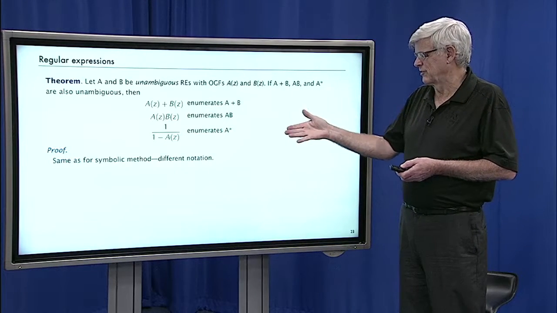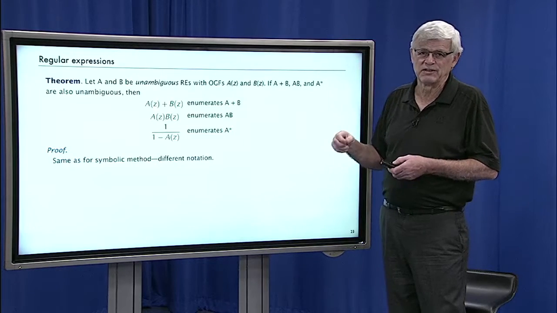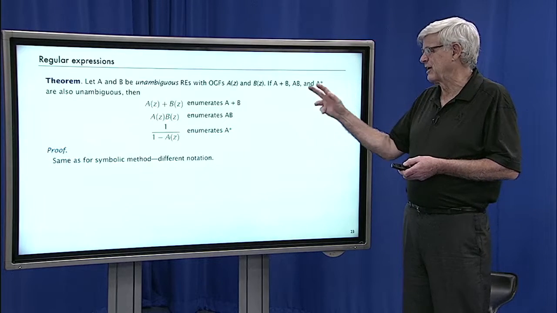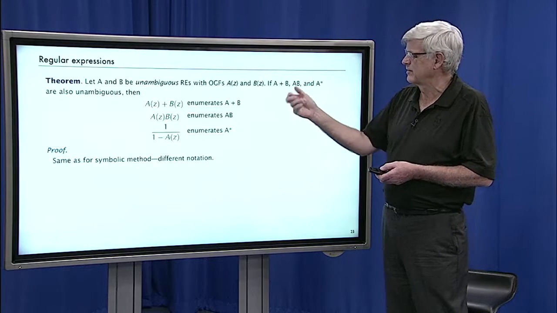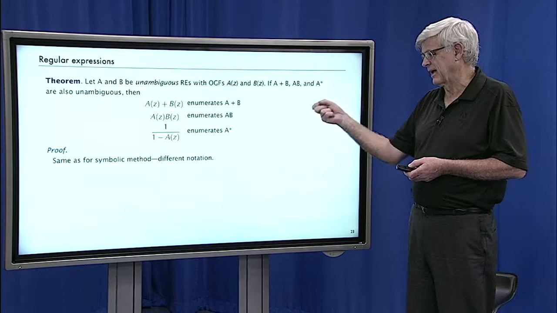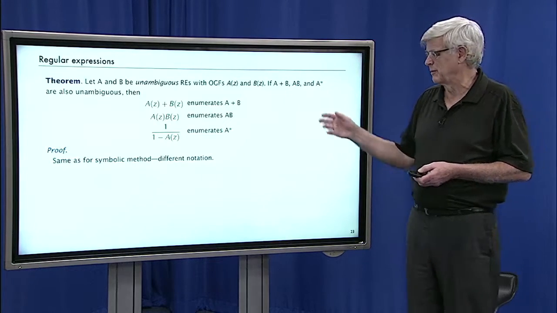The theorem, which is really the same as what we did for the symbolic method, but just with different notation, is that if you've got enumerating OGFs for two REs and you take the or, then the OGF is the sum. If you take the concatenation, the OGF is the product. And if you take A star, it's 1 over 1 minus the OGF.